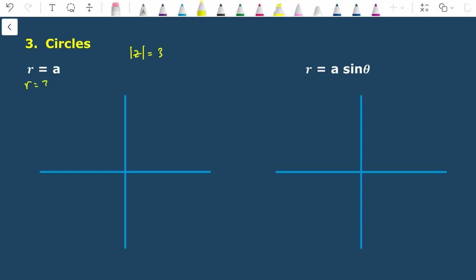If r is equal to 3, well then I start there and I'll end up with a circle like this, starting at 0, and this is obviously my value of r. So that one's nice and simple.